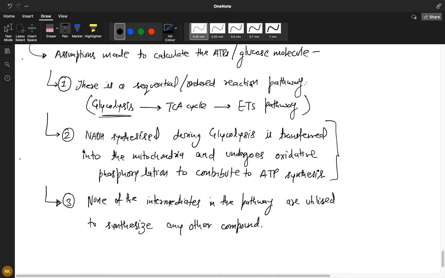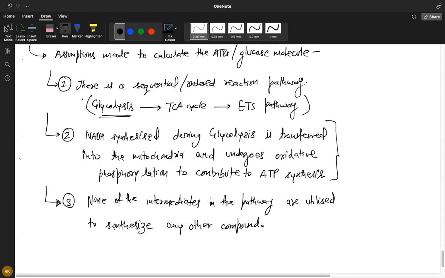There are millions and millions of glucose molecules oxidized in every cell, every second, every minute. So how do we come to this number? This number is theoretically calculated based on the reactions that we know happen. And there are many assumptions to this calculation, and these were the three assumptions we have discussed till now.